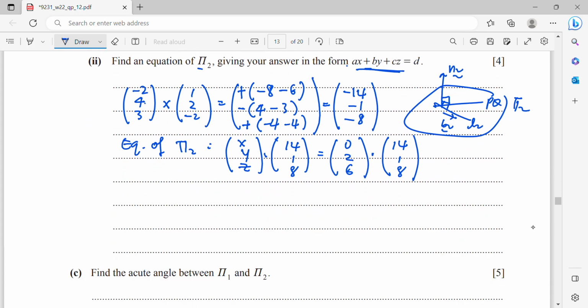Now perform the scalar product. So 14x plus 1y plus 8z equals 0 times 14 is 0, 2 times 1 is 2, plus 6 times 8 is 48. So at last, we'll be getting 50.